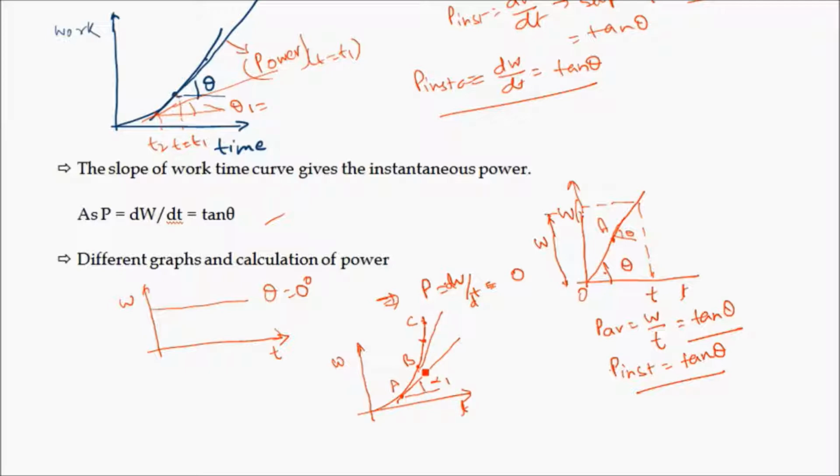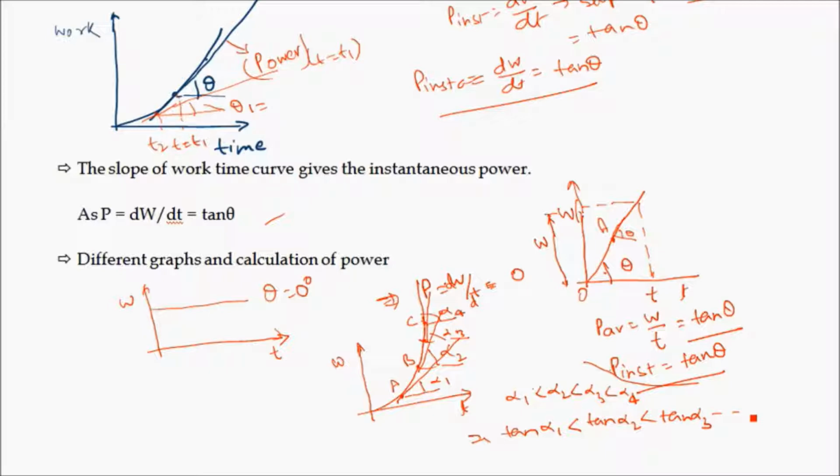At point b it makes an angle alpha 2, at c an angle alpha 3, and at d an angle alpha 4. Clearly alpha 1 is less than alpha 2, less than alpha 3, less than alpha 4. So correspondingly tan alpha is also increasing: tan alpha 1 is less than tan alpha 2, less than tan alpha 3, and so on. So clearly the power is increasing.